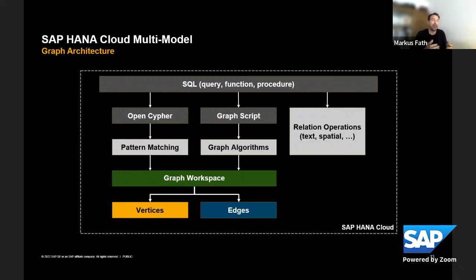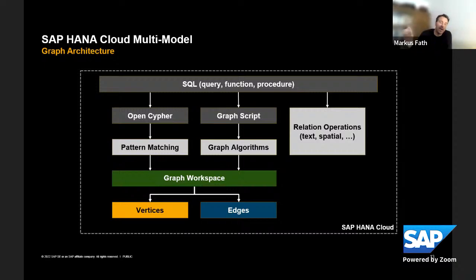This is the thing that you need to create on top of your data in order to enable the Graph engine on your networks. The common layer for all of that is SQL. So all of that is integrated into SQL. And this is also the layer where you can enrich your logic with additional operations, be it standard SQL aggregation queries or other operations like doing a full text search or evaluating spatial predicates.